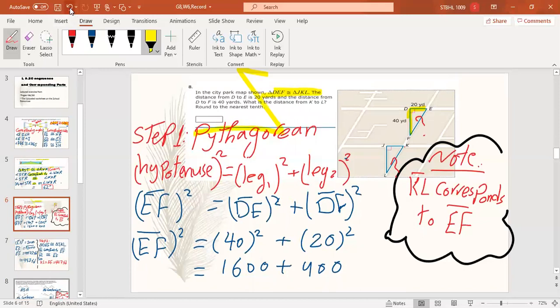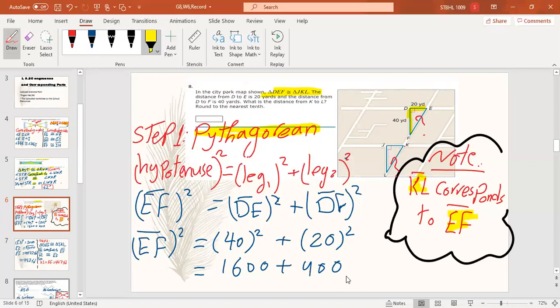So the first step will be applying Pythagorean theorem. Why Pythagorean theorem? To find EF, which corresponds to KL.